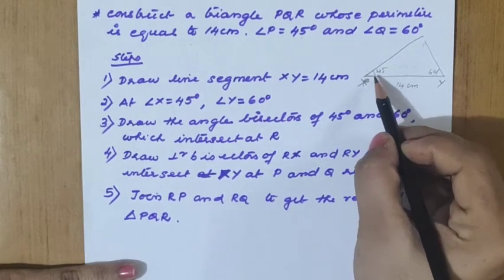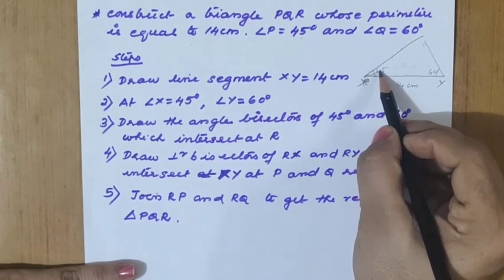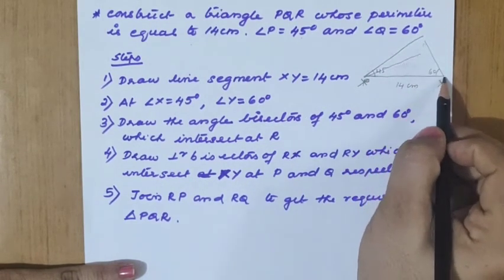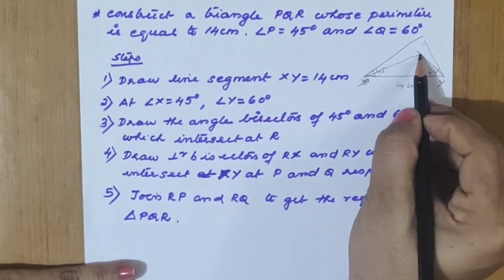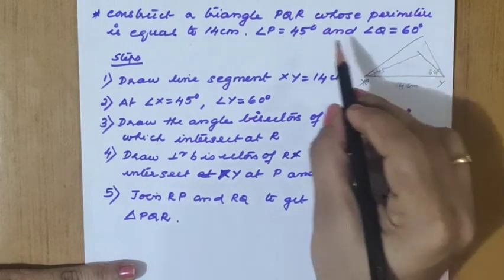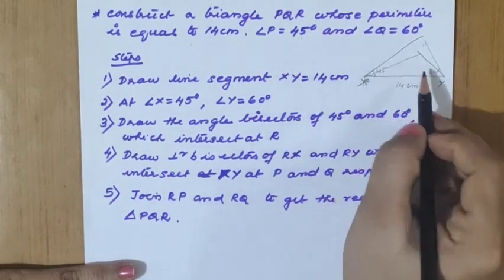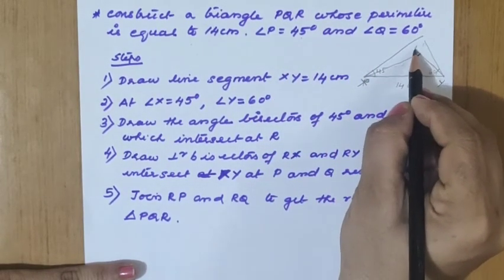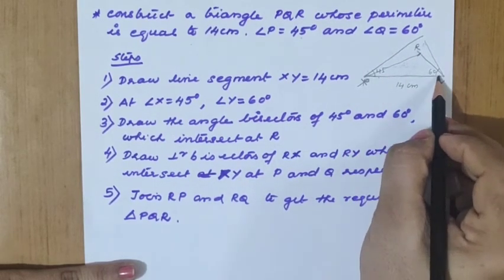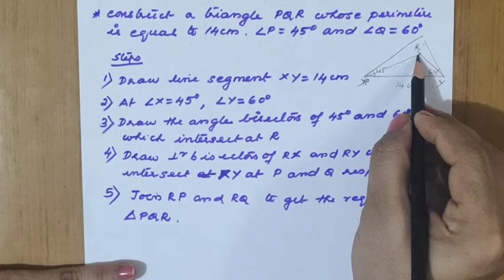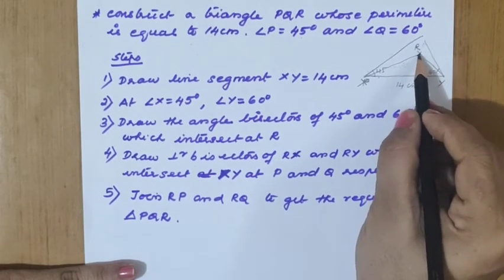Again 45 to be bisected. So here angle bisectors to be joined, and here 60 to be bisected. This will be one of the vertices of the triangle. So angle P and angle Q are the base angles, so naturally this letter will be R. So angle bisector of 45, angle bisector of 60 will meet or intersect at the point R only.